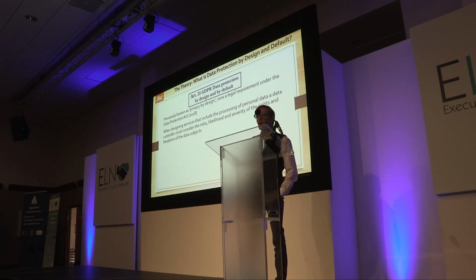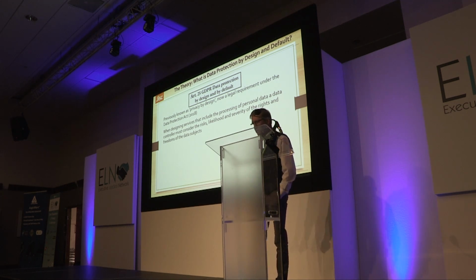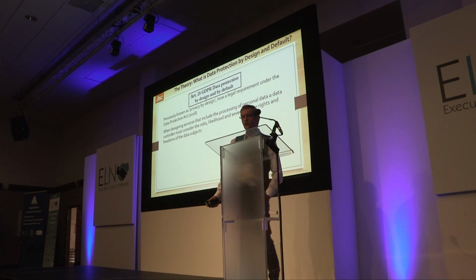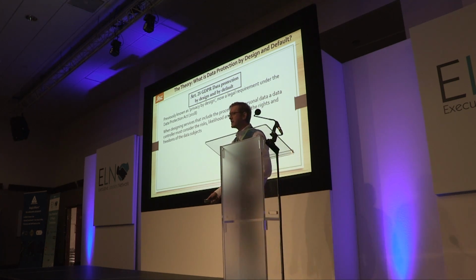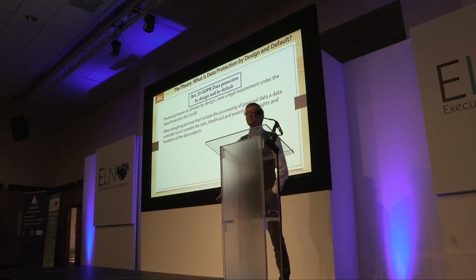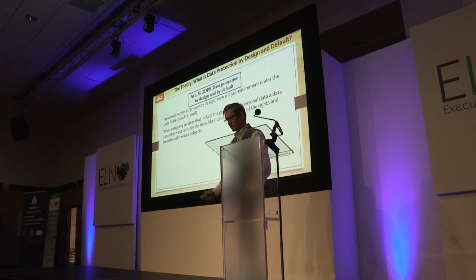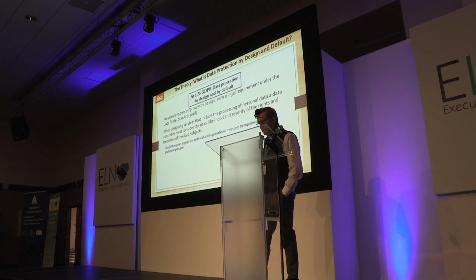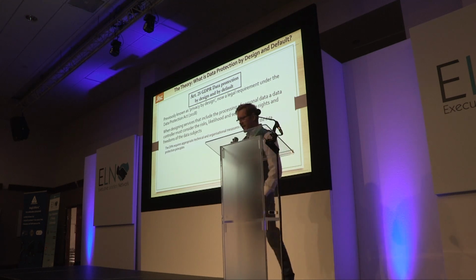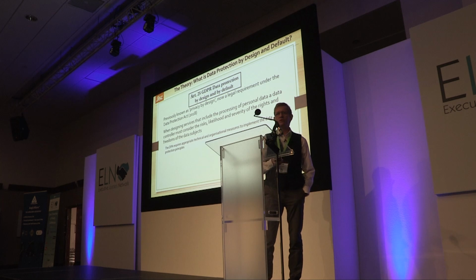When you are designing services that include the processing of personal data, a data controller has to consider the risks, likelihood and severity to the rights and freedoms of the data subjects. The first point I made slightly earlier on. That includes data protection requiring appropriate technical and organizational measures to implement the data protection principles.